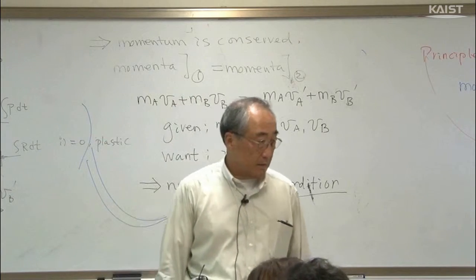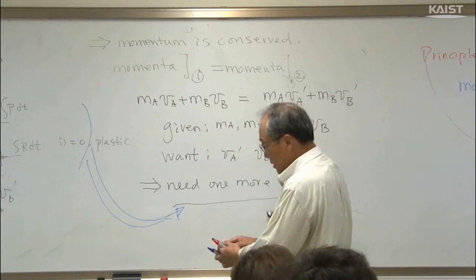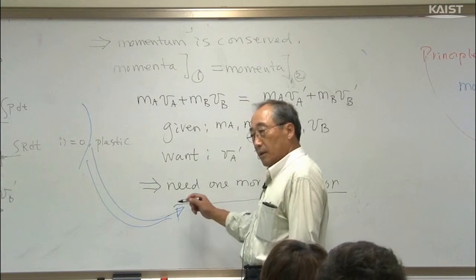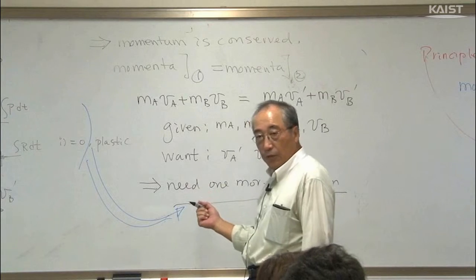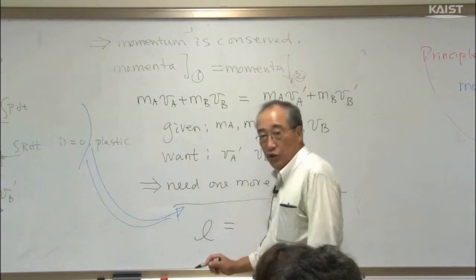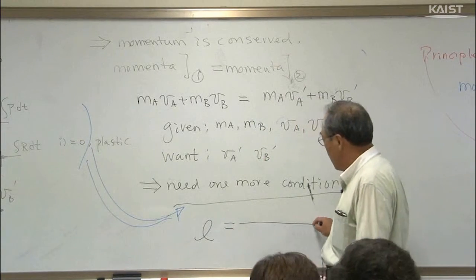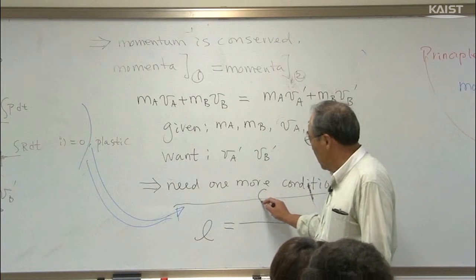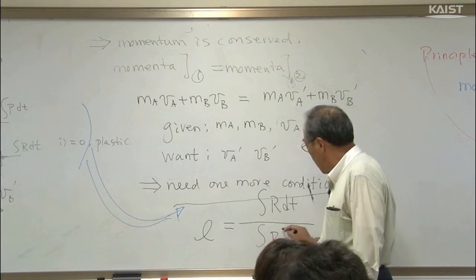Right? Nothing else can come out. And this gives us the following relation. That is the coefficient of restitution. That is the ratio between R dt and P dt.